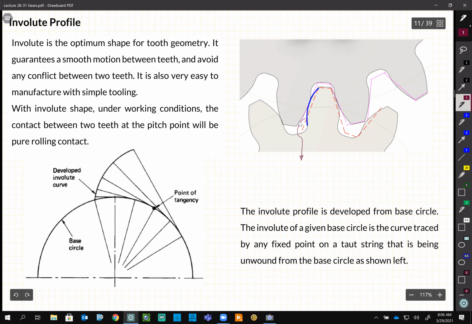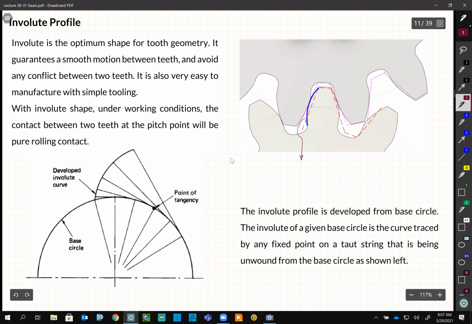And that is what we call an involute profile. But what is an involute profile? We are looking for a curve that guarantees a smooth motion between two gears, and also guarantees all the stuff that we discussed before, like the pressure angle and the normal line when we draw it.